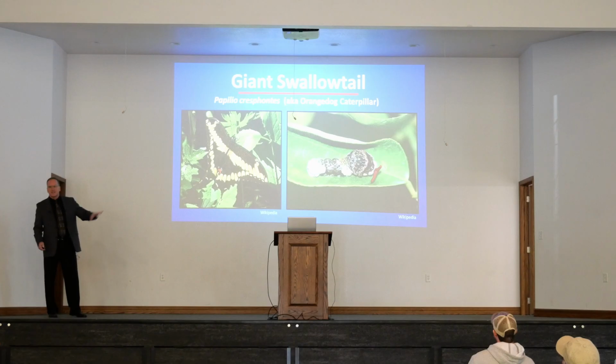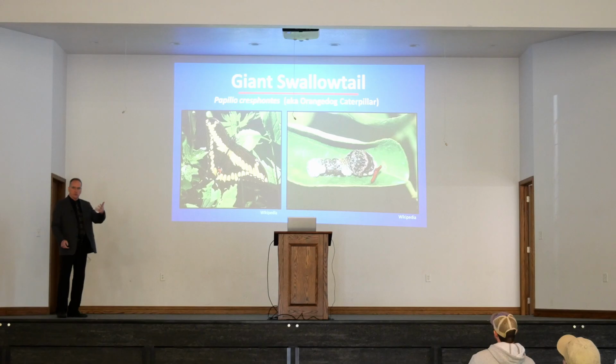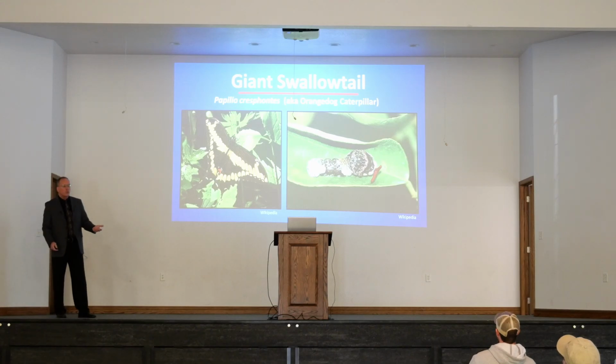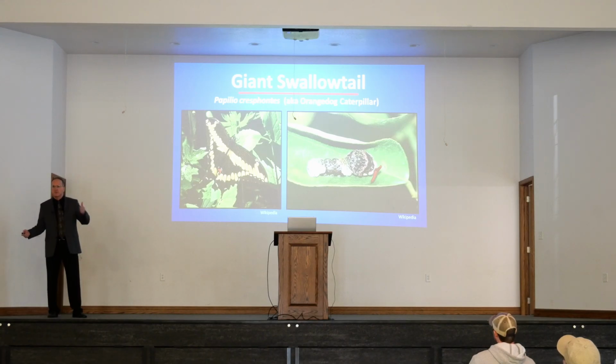This caterpillar is designed to simulate bird poop. So it gains a certain amount of visual resistance because birds don't want to eat their own poop. But if you agitate it, and you can, it will send out this reddish-orange osmeterium, for which it gets its name, orange dog caterpillar, and this thing startles a bird, and it also smells a little bit.